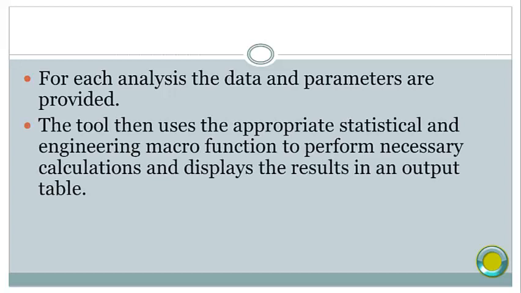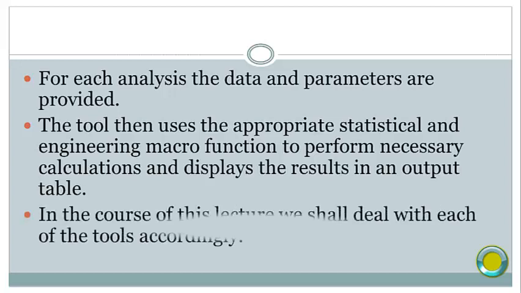The tool then uses the appropriate statistical and engineering macro function to perform necessary calculations and displays the result in an output table. In the course of this lecture, we shall deal with each of the tools accordingly.